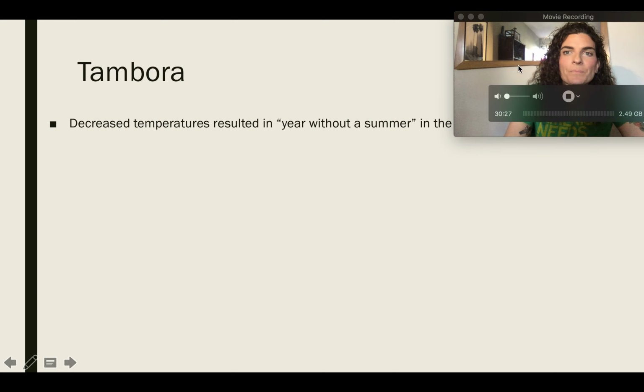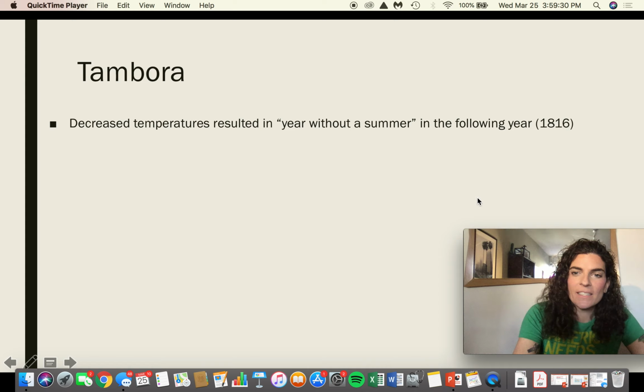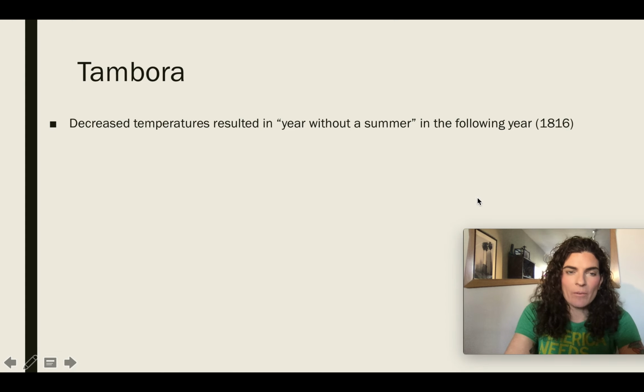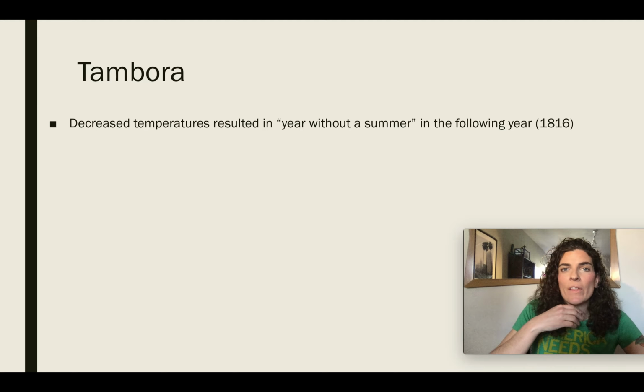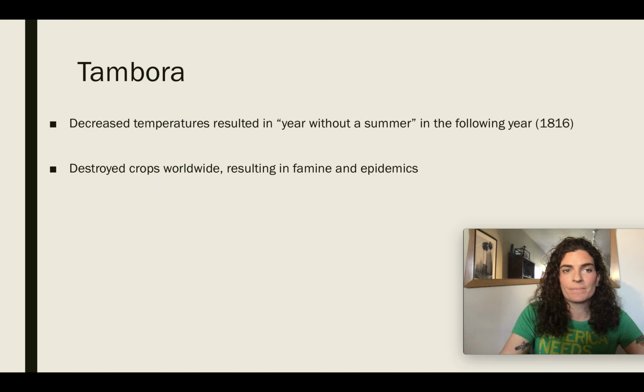So, what happened as a result of the eruption of Tambora, climatically speaking? I mentioned that it decreased global temperatures by around half a degree Celsius for many years following. Specifically in the following year, 1816, the eruption decreased the temperature so much that many people call that year the year without a summer.